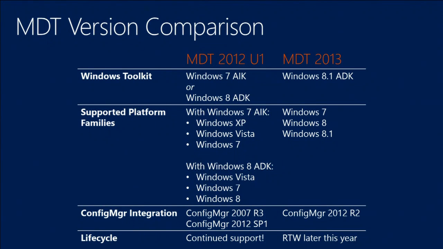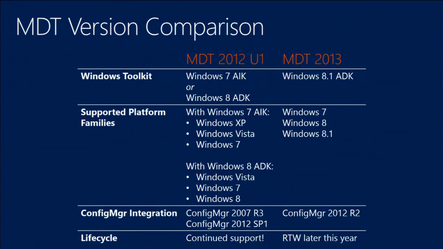With 2012 Update 1, you have the choice of using either the Windows 7 AIK or the Windows 8 ADK. With 2013, we're locking into the 8.1 ADK. That means the supported platform matrix changes. With 2012 Update 1, depending upon which toolkit you're using, you can see up here the platforms that ADK or AIK support.